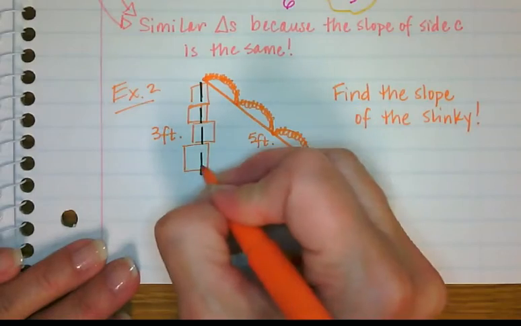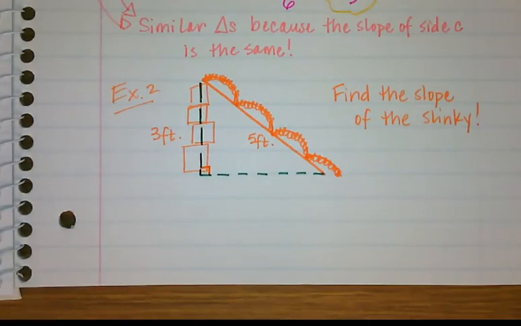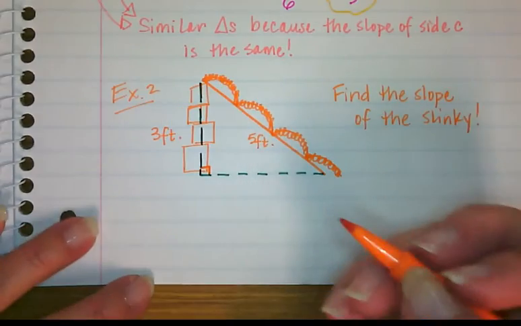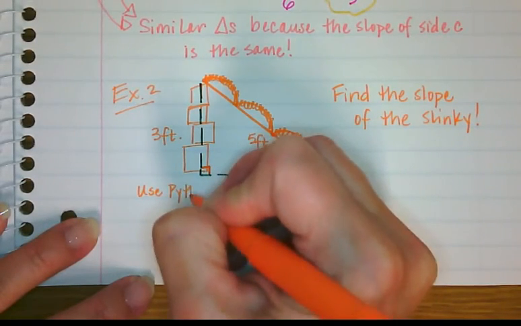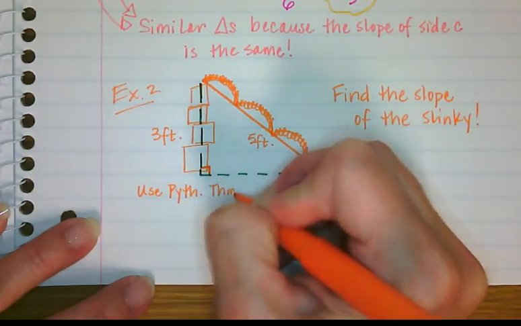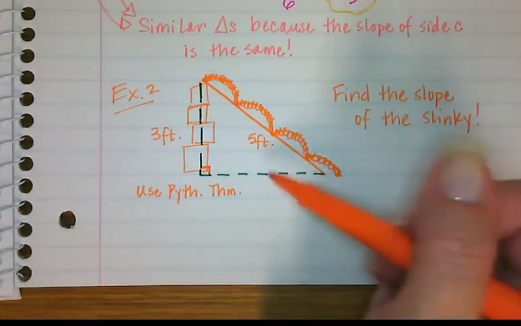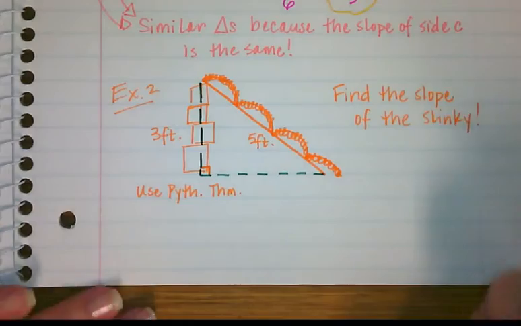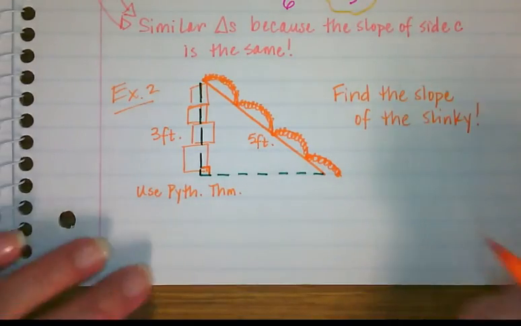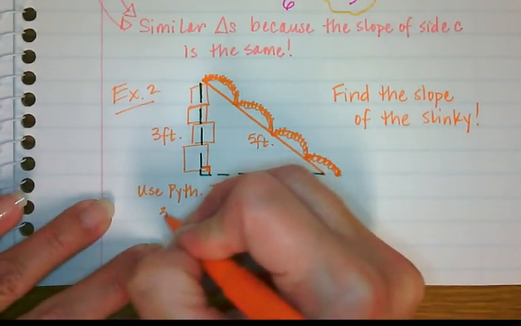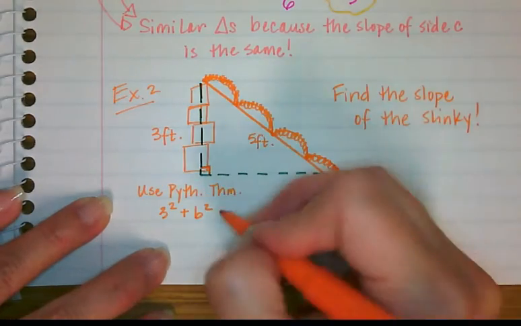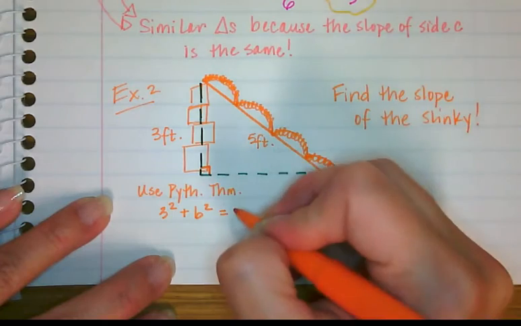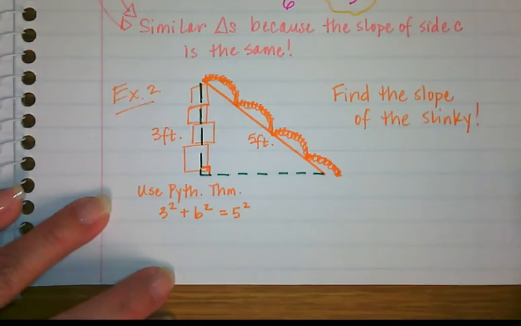However, remember that this makes a right triangle right here, and we learned in Unit 3 about the Pythagorean theorem. So we're going to use the Pythagorean theorem to figure out this missing side. So hopefully you remember a squared plus b squared equals c squared. So a squared, I'll just say, is 3. B squared, we don't know, but we know that the c is 5.